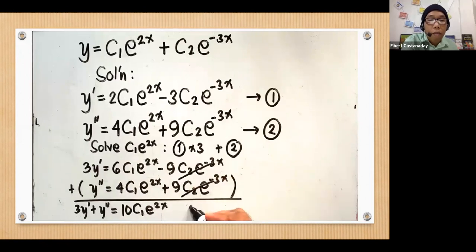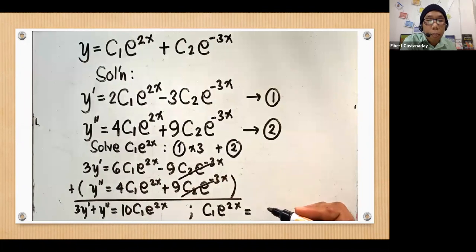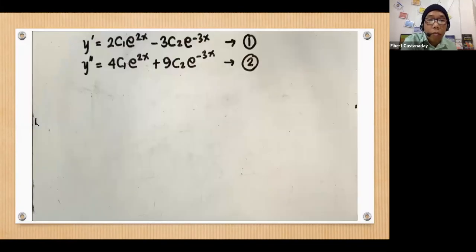That's why we have c sub 1. Okay, so we can remove the 10 there by dividing both sides by 10. So c sub 1 e raised to 2x equals, okay, we interchange their positions, 3y prime plus y double prime all over 10. Okay, we divide both sides by 10. That's why we have now c sub 1 e raised to 2x.